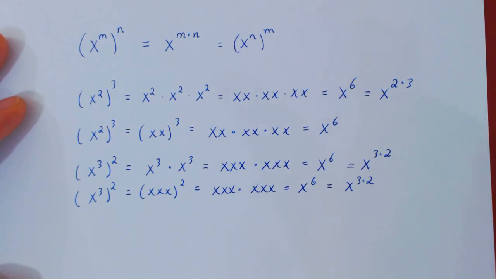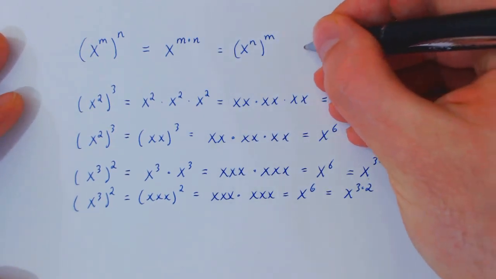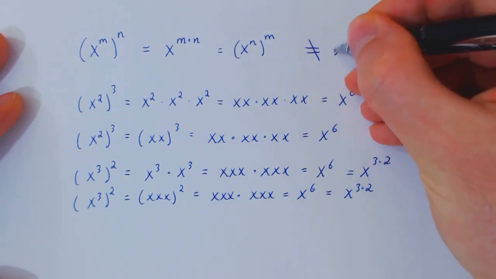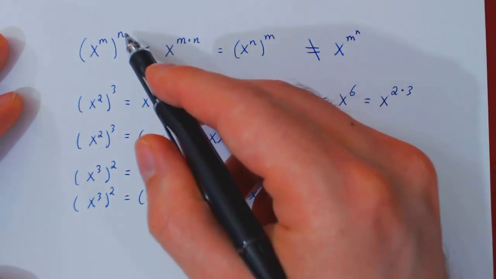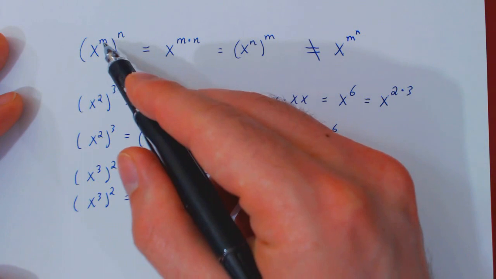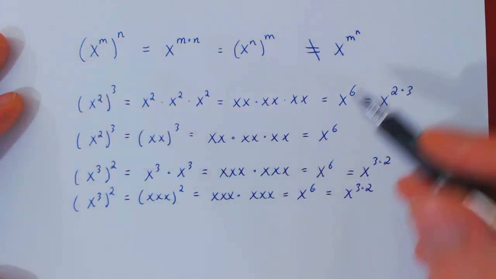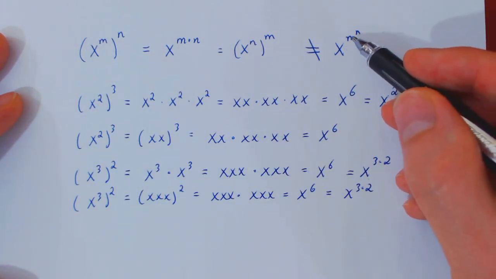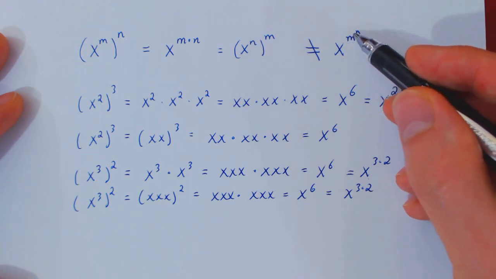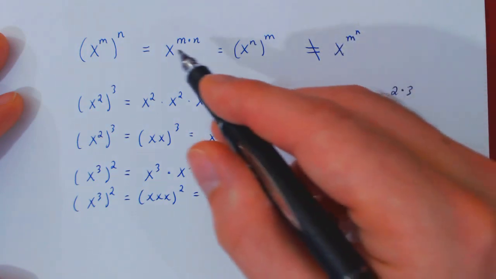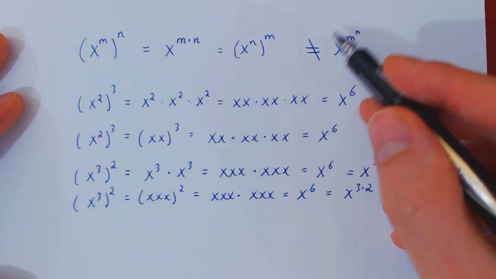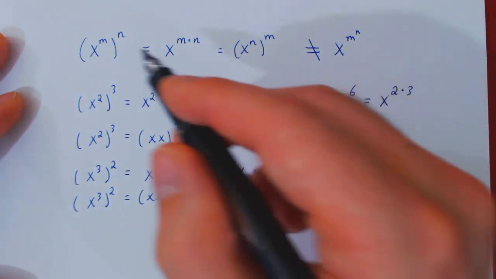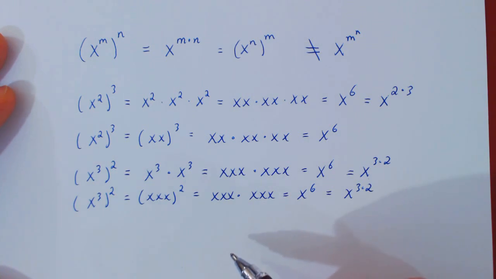And one word of caution here is that you have to be careful. This is not the same as x to the m to the n. Here, the n applies to the whole x to the m, and here the n only applies to the m, the exponent. So you have to be very careful not to confuse this expression with this expression. Very different expressions.